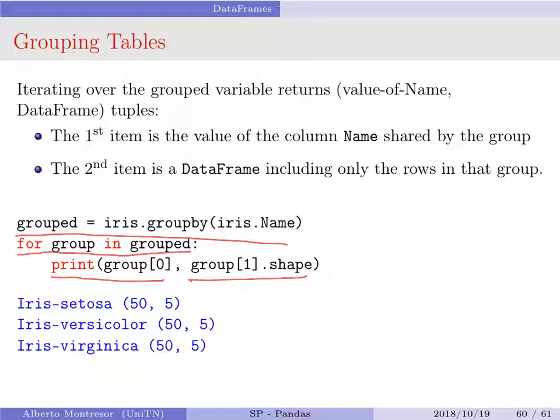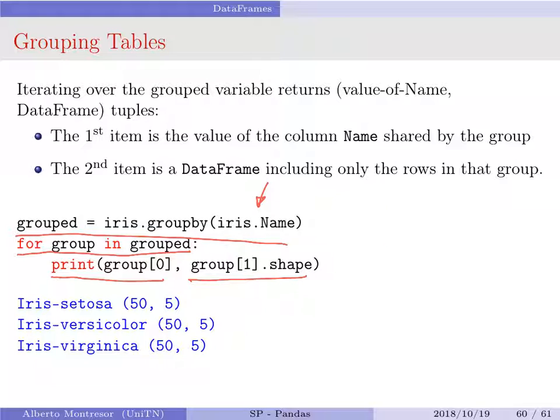So what is going on here? You are grouping information by name of the species. So Iris setosa, versicolor, or virginica.